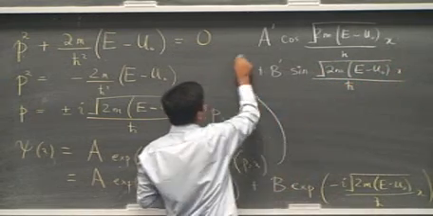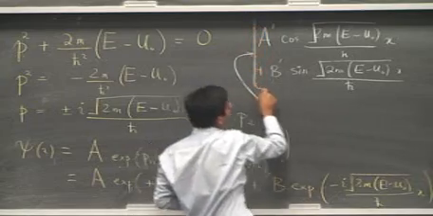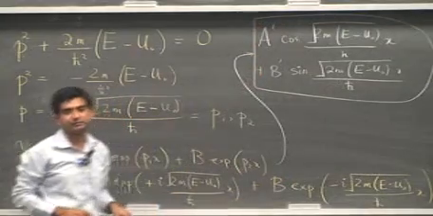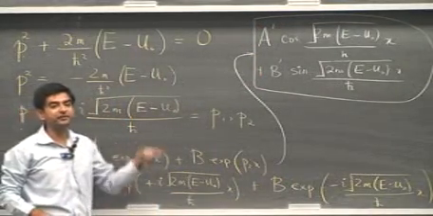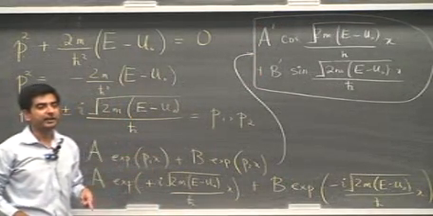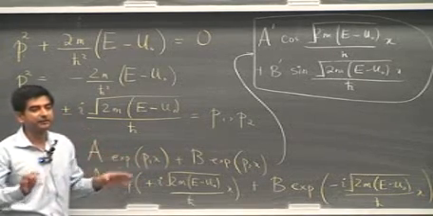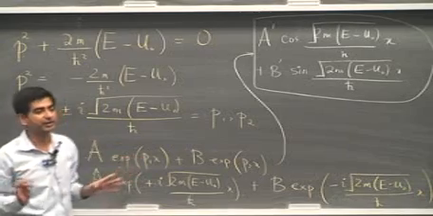So this wave function can also be written in this form, of course with different coefficients. It's an oscillatory function in space because we do not have any time part here. We're looking at the time independent Schrodinger equation.